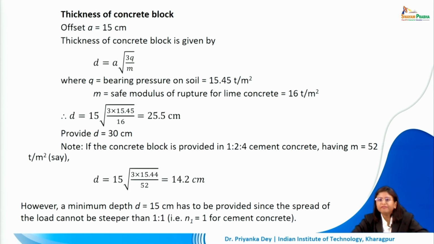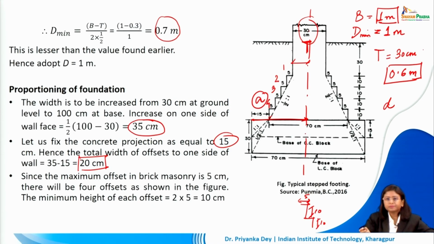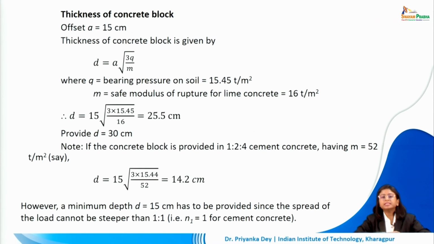Now, because we have been able to determine small a as 15, we now need to calculate what will be small d, that is this thickness. How deep should the base of my concrete footing be? So that is calculated using the formula a into root over 3q by m.